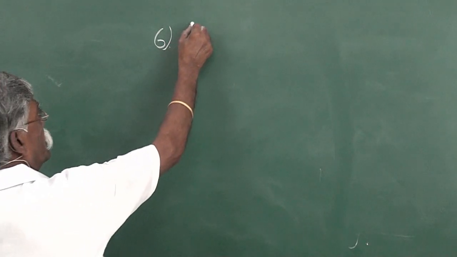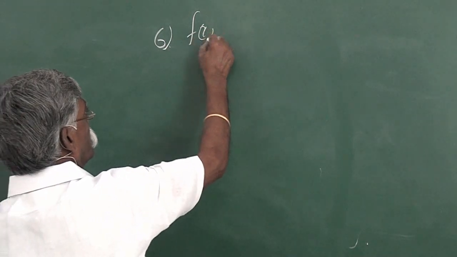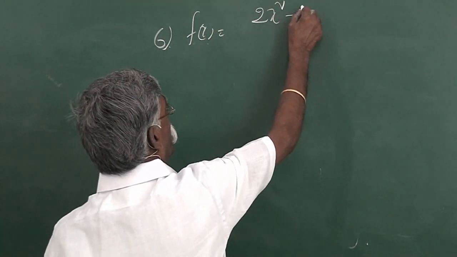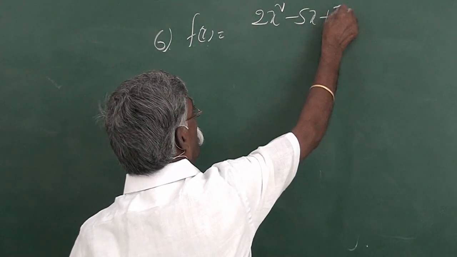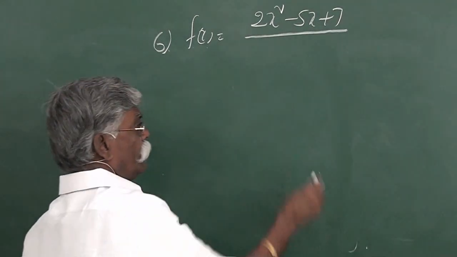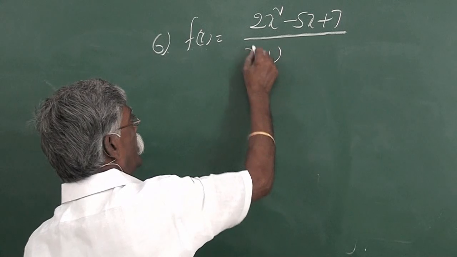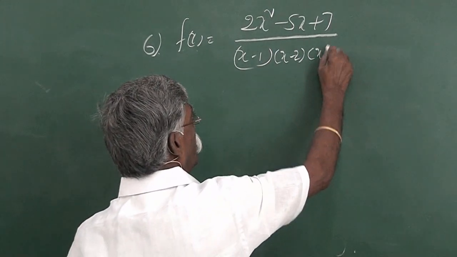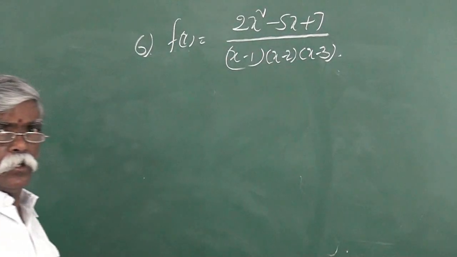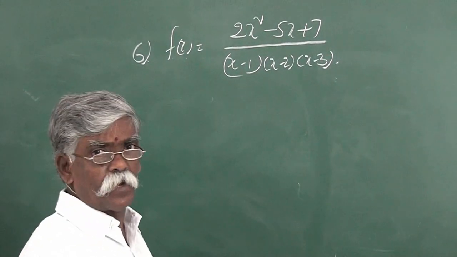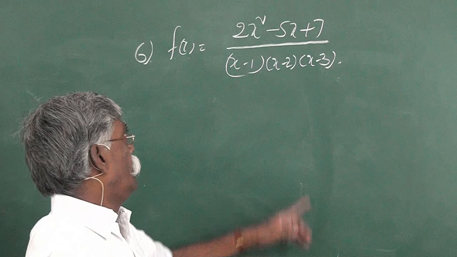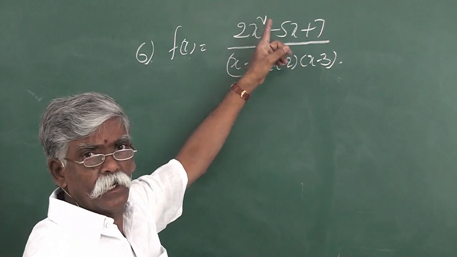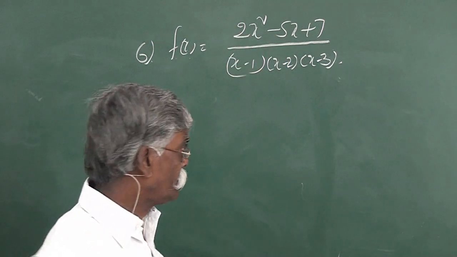The next one, f of x equal to 2x square minus 5x plus 7 by x minus 1 into x minus 2 into x minus 3. So this is in the form f x by g x, and 2x square minus 5x plus 7 can have any real value for x.